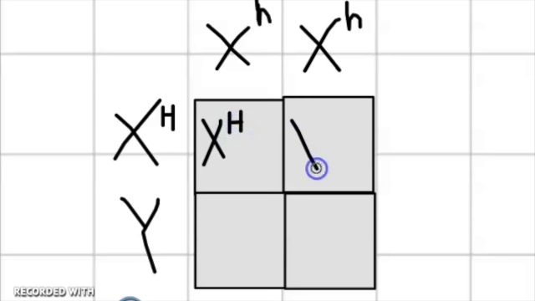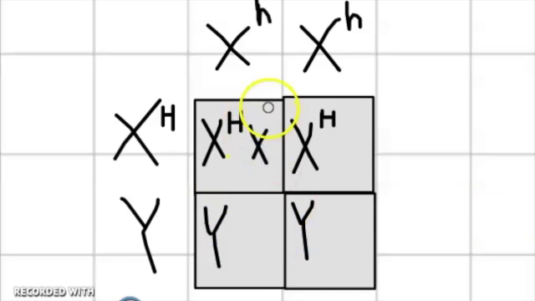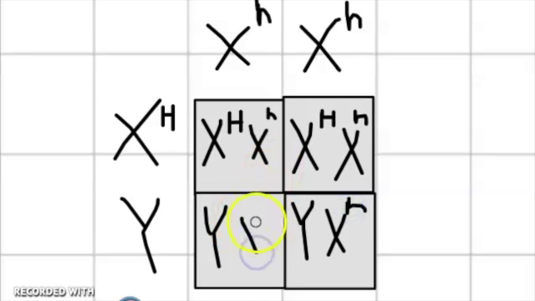So now we're going to look at that pattern of inheritance. We have Dad's affected allele being passed on to two of his offspring, and his Y chromosome being passed on. And here we have all of Mom's unaffected alleles on her X chromosomes. So this is going to be a little backwards, but hopefully you get the drift.